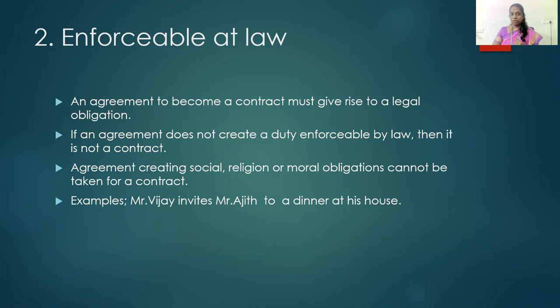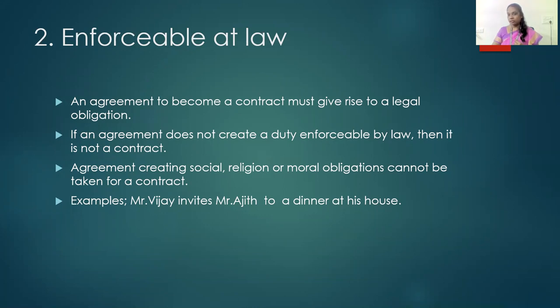So in this case, we need to understand that there are two types of agreements. One is called social agreements and the other one is called legal agreements. Social agreements are those agreements which are created between friends or any immediate relationship which is not leading to a legal relationship.